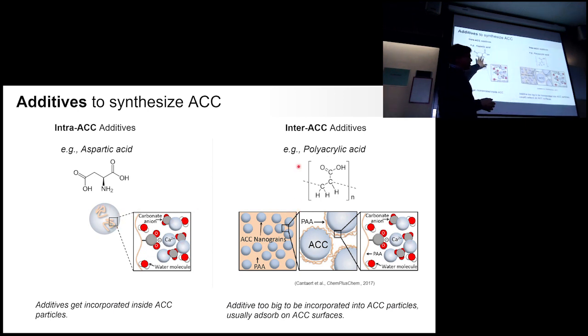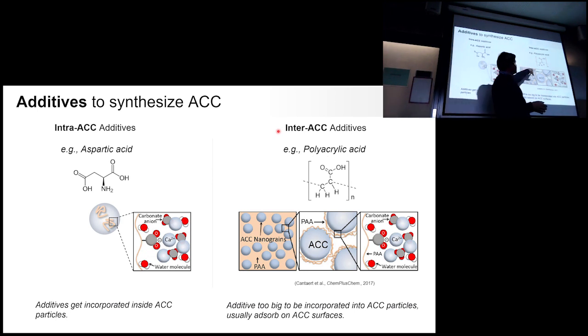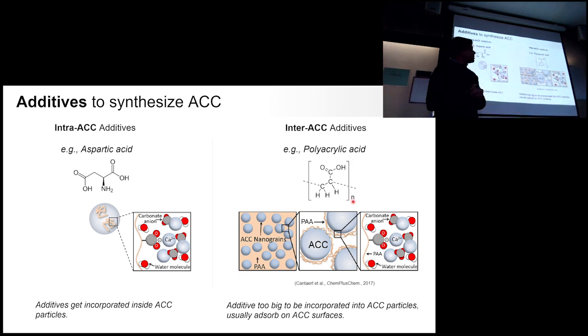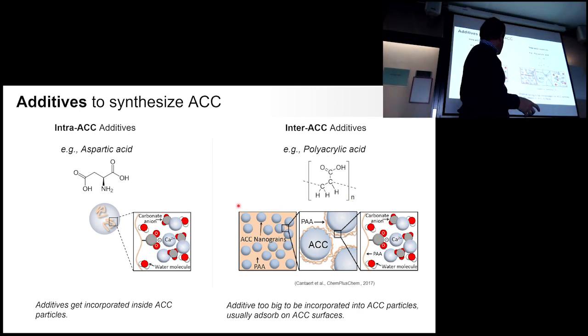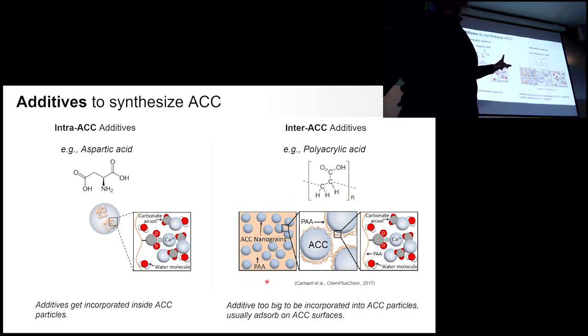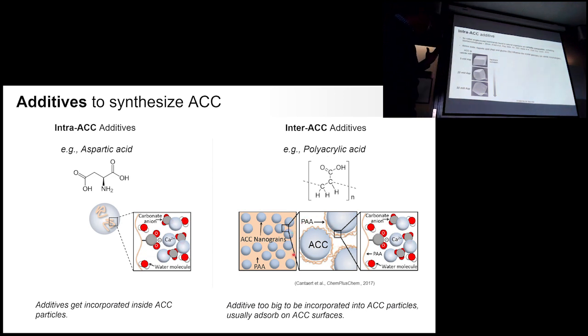So that's polyacrylic acid, right? Polyacrylic acid, and this is aspartic acid. This is a rather small molecule in comparison to this. You see the N here. So it's a rather large molecule, greater molecular weight, and so this large molecule cannot get inside the ACC. Instead it chooses to stay on the rim, and the calcium ions are embedded inside the particles.